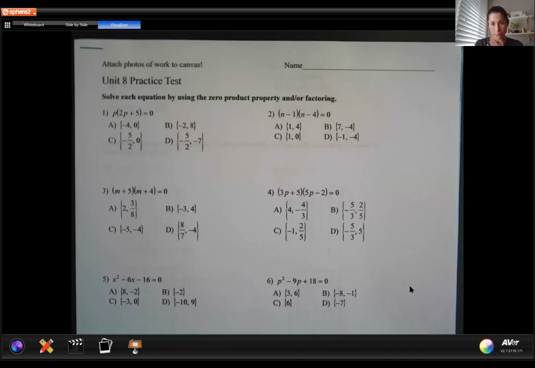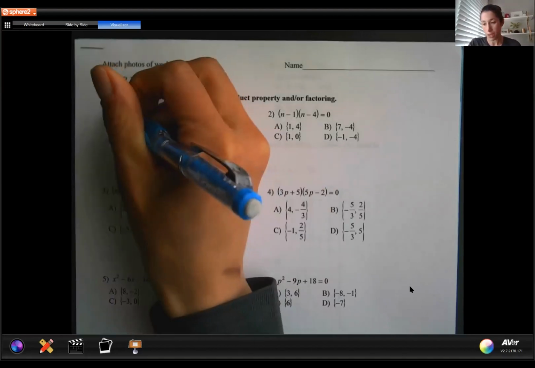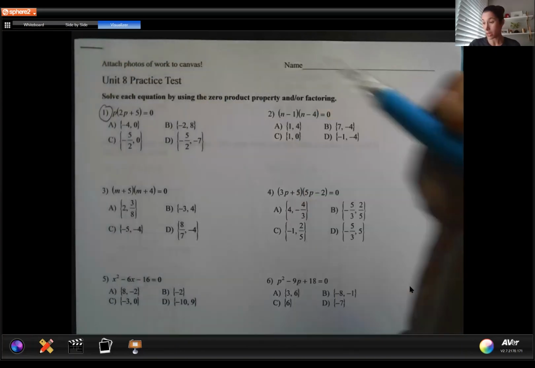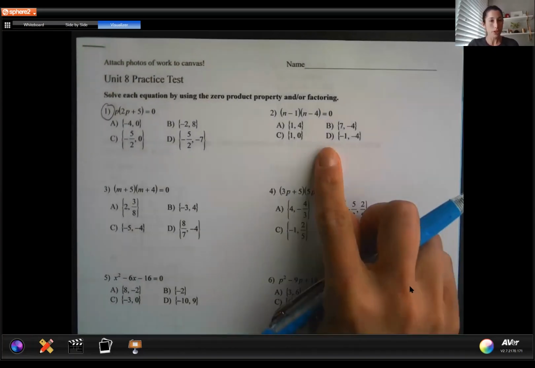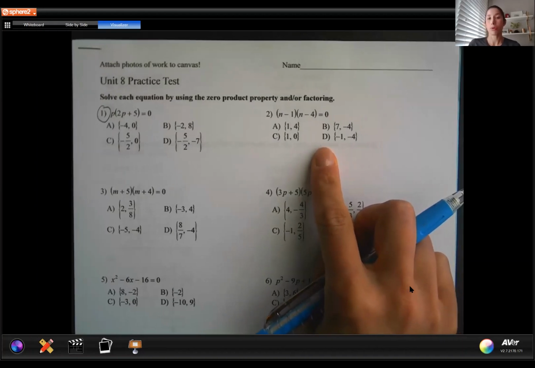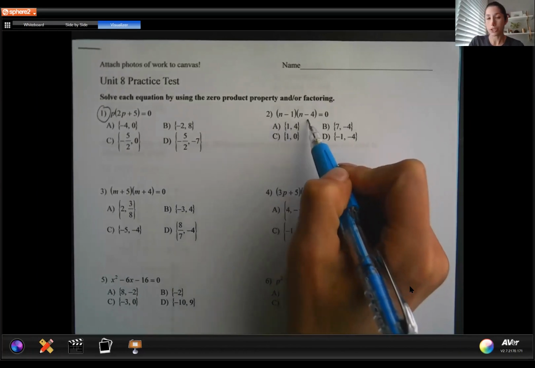Okay, so the first question, since I did this one in the video, I'm going to go ahead and do these three here. So with this question here, we were solving for n by using the zero product property and/or factoring. So if you notice this question too, it's already in factored form.